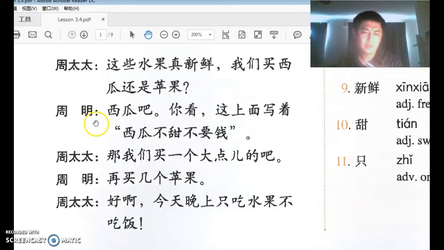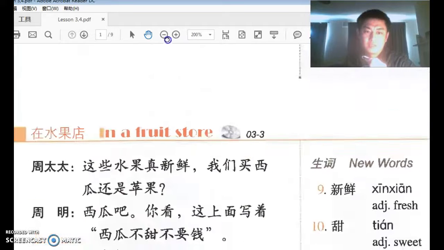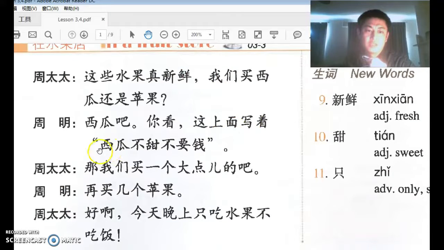周明 says in a very casual way, 是西瓜吧. So I suggest watermelon. 你看, take a look, 这上面写着, again the same sentence, it's being written on, 西瓜不甜不要钱. Right, there's two statements: 西瓜不甜, watermelon not sweet, 不要钱, we don't want money. But if you think about it there's a condition.